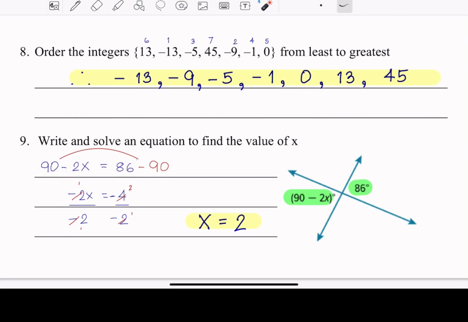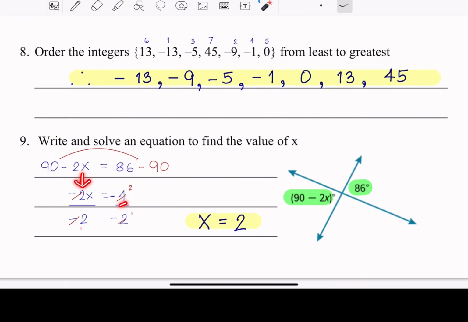So first step, you move the constant to the other side and change the symbol positive to negative. Then evaluate this one. 86 minus 90 is negative 4. Then bring down negative 2.